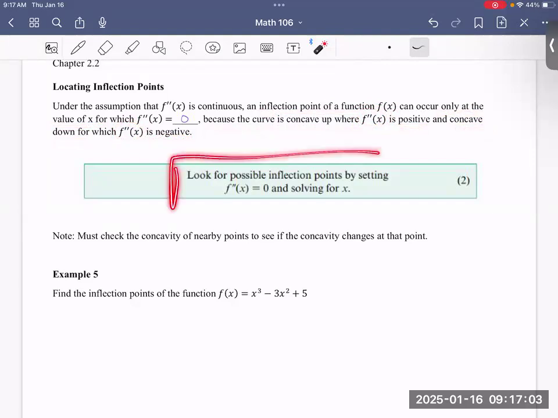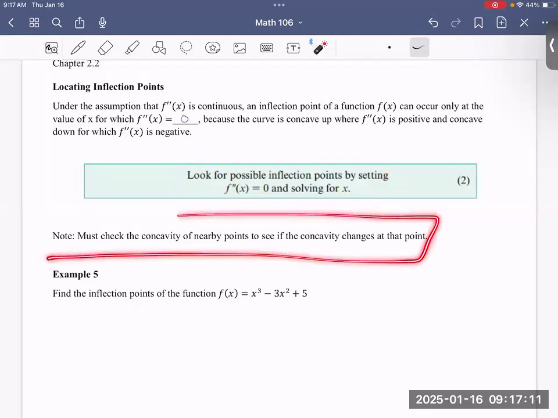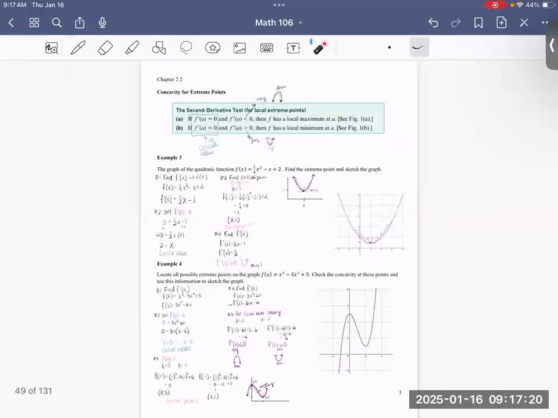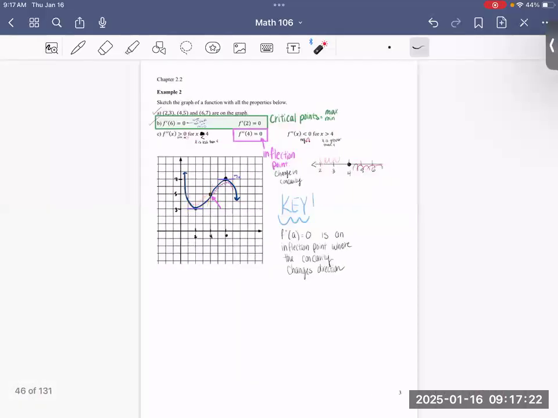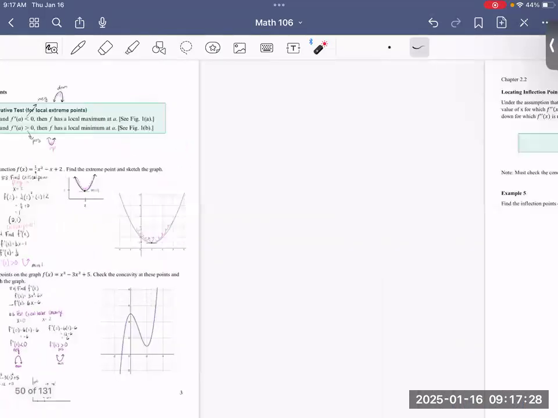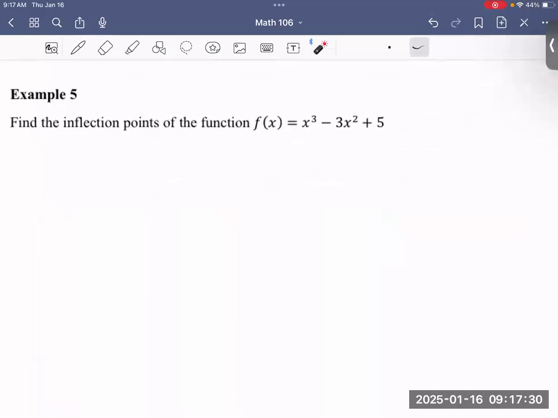In order to do so, we just set your second derivative equal to 0 and solve for x. Note, you must check for the concavity of your nearby points to see if the concavity changes at that point. Because keep in mind, we could still have a neither situation, one where it looks like one of these, the bottom two. Because an inflection point could also be a critical value.